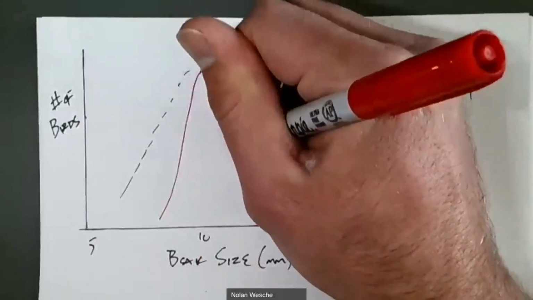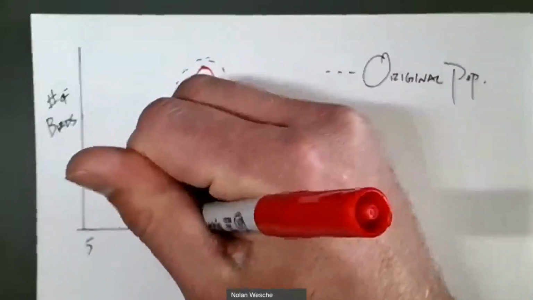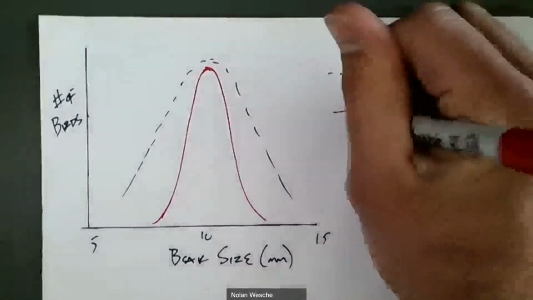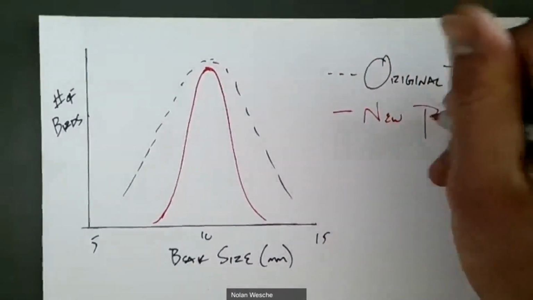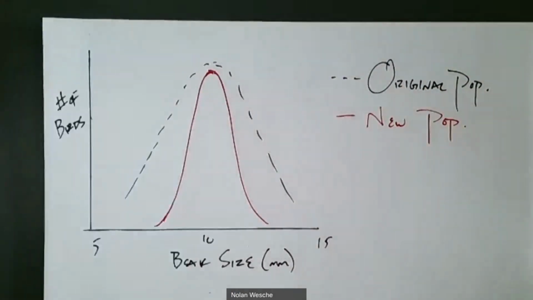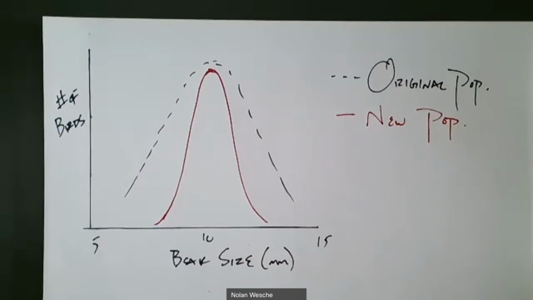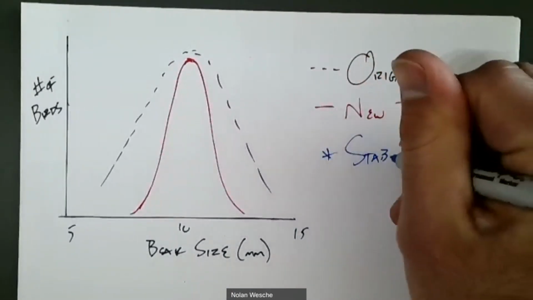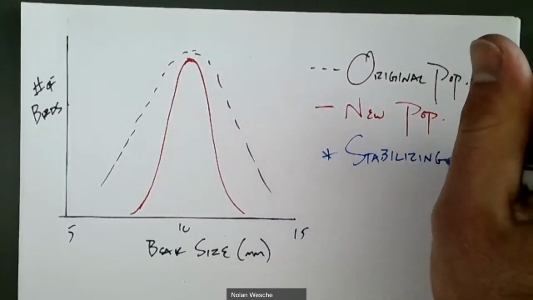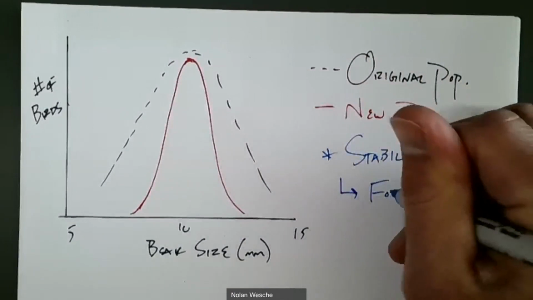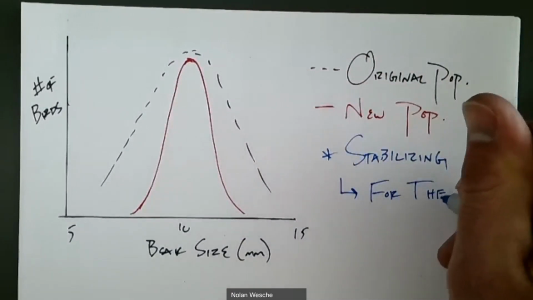So my curve might resemble something like that, where everything is kind of focused around the mean, and this is my new population. And what we would call this is stabilizing selection. So this is stabilizing selection, and it's selection for the average and against the extremes.